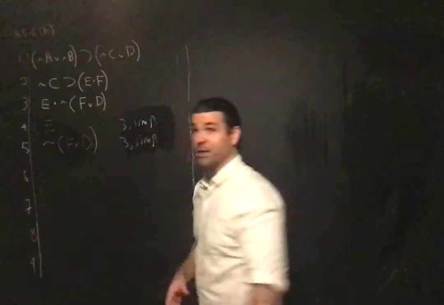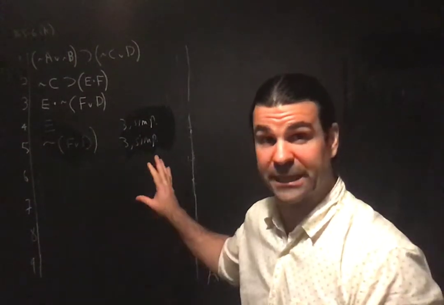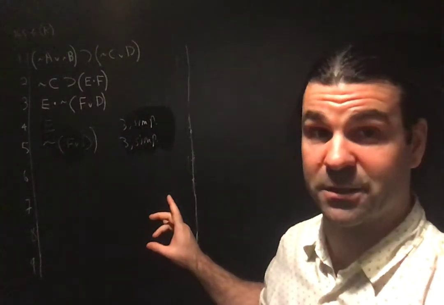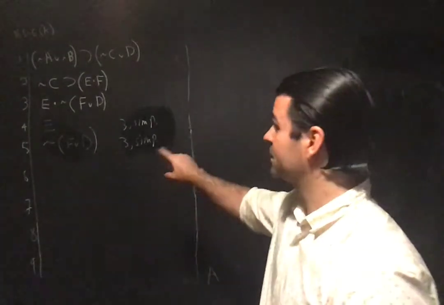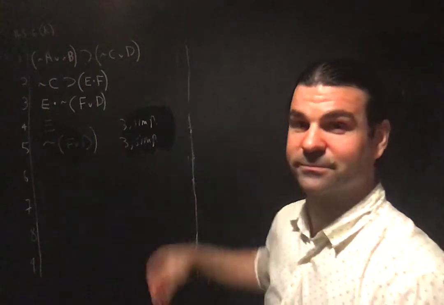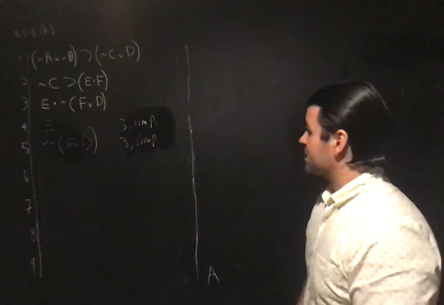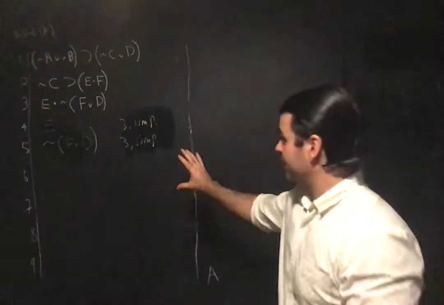Now, if you compare what we've done so far with Klenk's answer, you'll see we've already done something she doesn't do. She never does simplify to E. It'll turn out because it's not necessary to do so. But let's continue on.